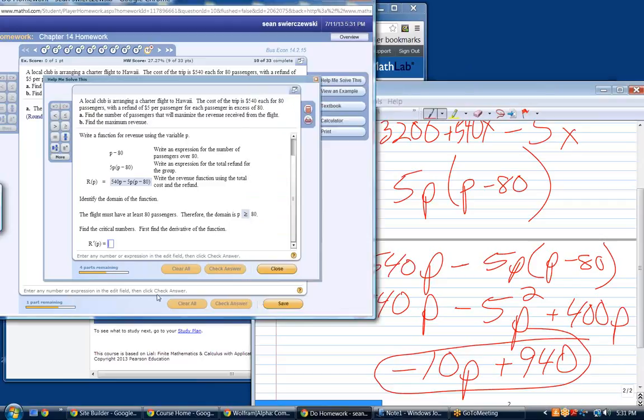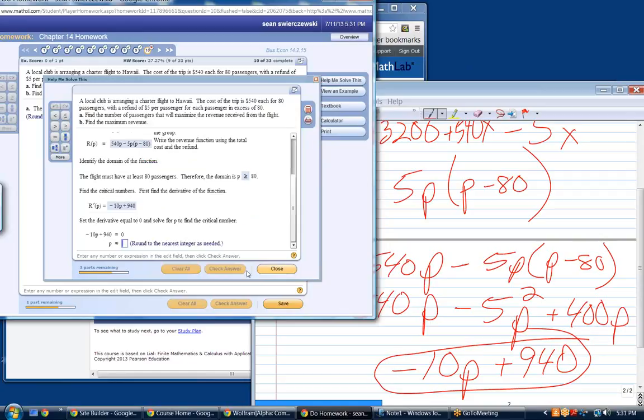So first of all, we want the derivative function, which is minus 10p plus 940. You saw where I got the 940? Yeah. Okay. And if we solve that, we get 94.